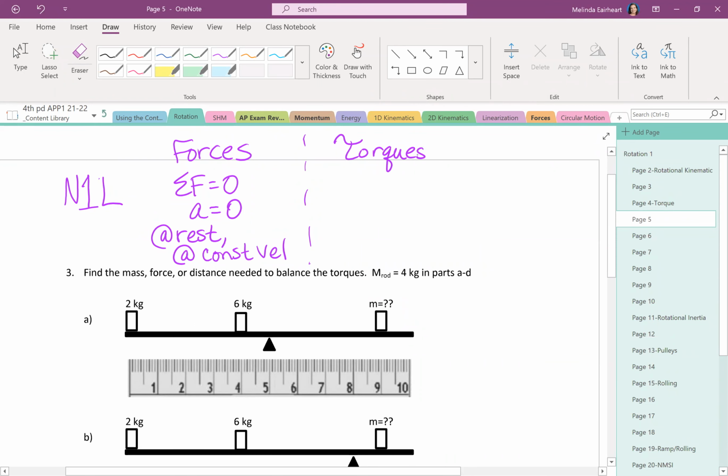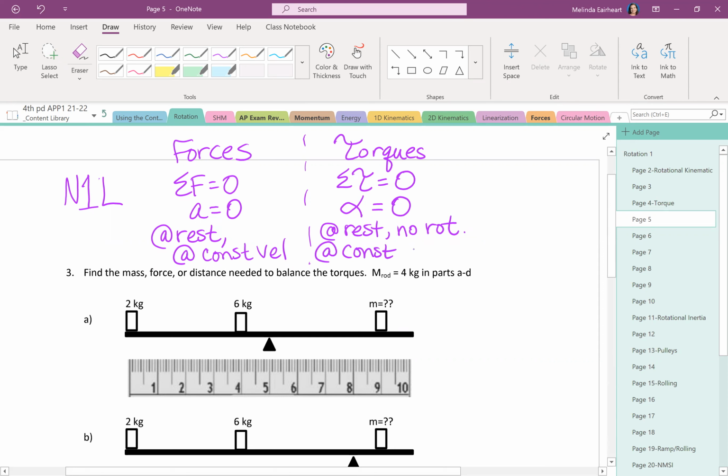And so then Newton's first law actually works for torques as well. This is when net torque equals 0. Instead of linear acceleration equaling 0, angular acceleration equals 0. Well, this can be true for objects at rest, so no rotation, or couldn't you be rotating at a constant angular velocity?